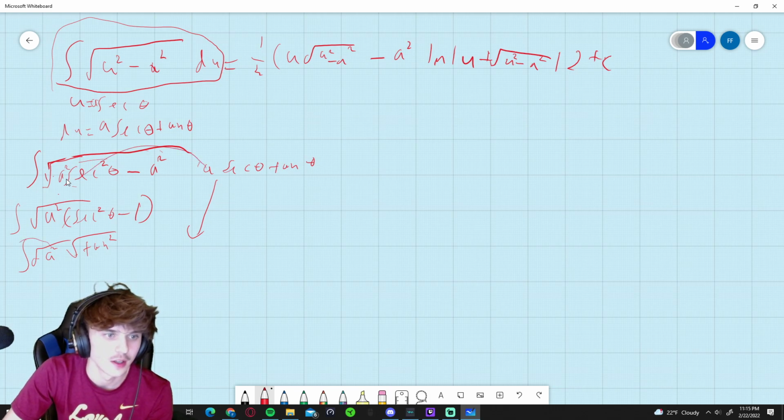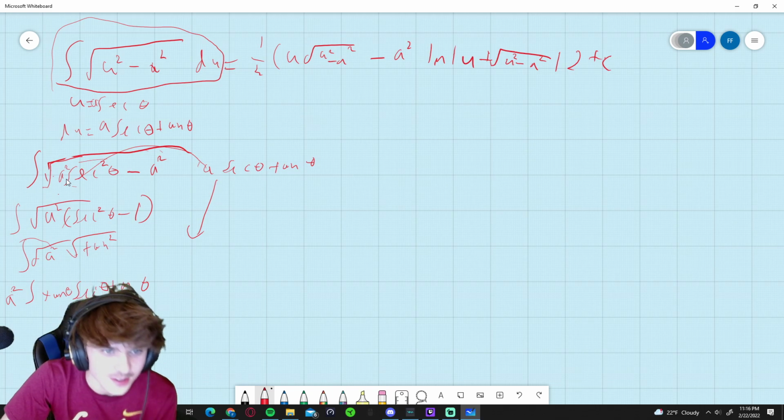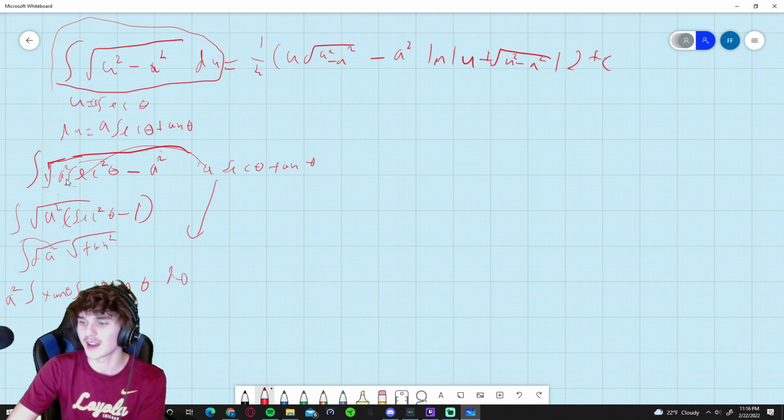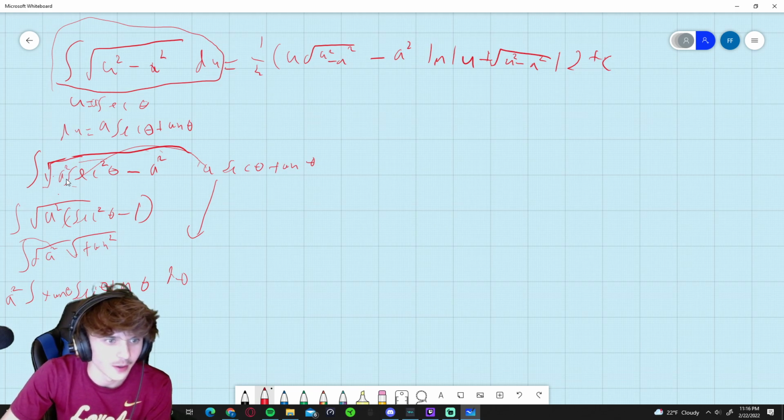I did that in my problem at this step. So then you have a squared, because this is an a, and this is an a, so it's a times a squared, the integral of tangent times secant times tangent, with thetas. But I'm not a serious tutor. I'm just some guy on the internet.